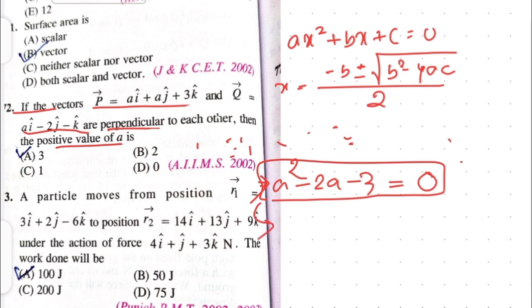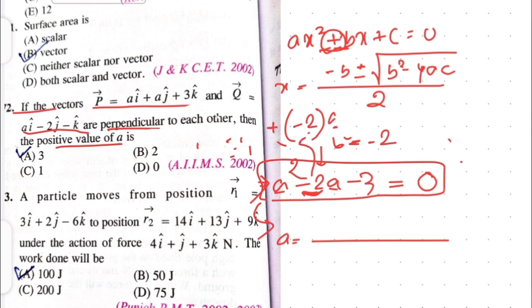So here a is the coefficient of x square, and b is minus 2a, because in the actual equation this is plus, so it is actually plus minus 2a, this side. So b is minus 2.